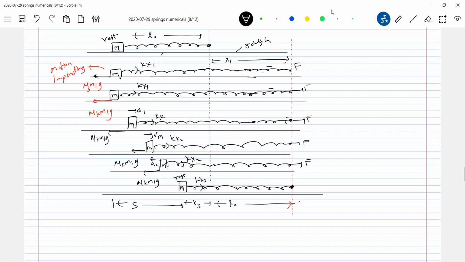Looking at the diagram, L0 plus x1 should be equal to S plus x3 plus L0. Therefore x1 equals S plus x3. Somewhere I took x2, but x3 is very important for us. This should be the equation. Now, what about the work done? That was the question given. I think read the question once.